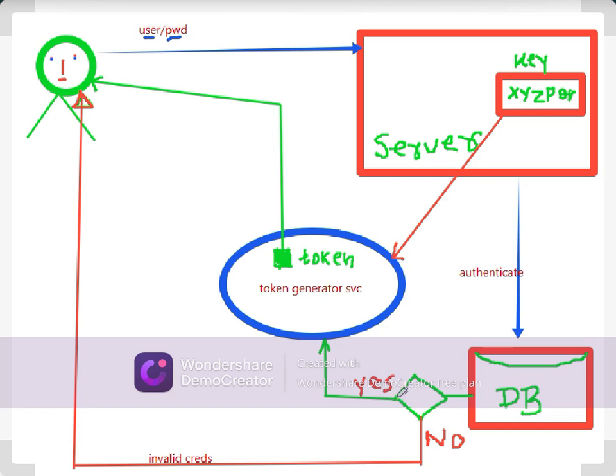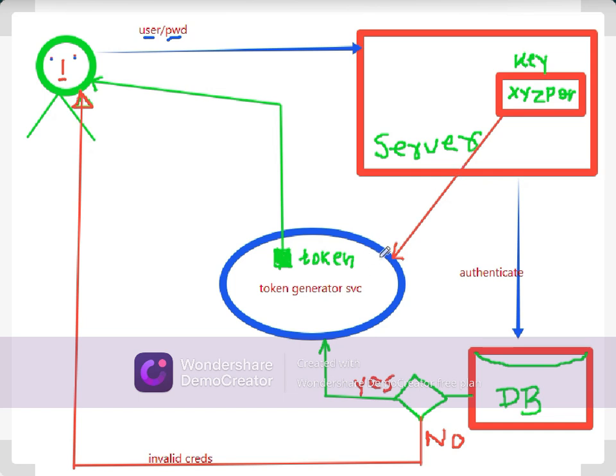If it is a valid user, then this request is forwarded to the token generation service, the JWT token generator. Now we need all the user information, right? Here we are giving all the user information from the DB to the token generator service, and the server also puts a key. A client key is also added before generating the token.